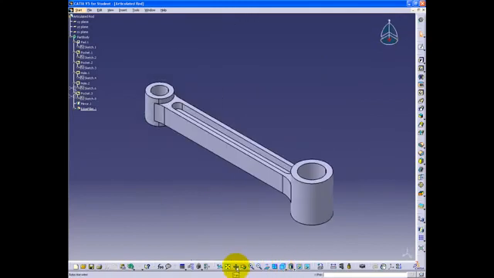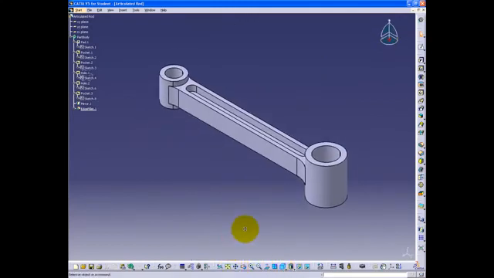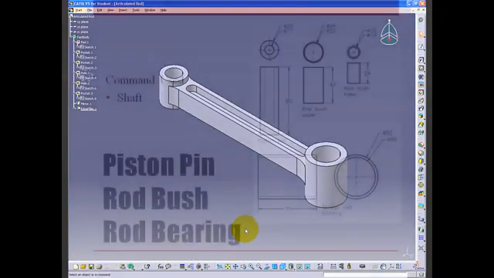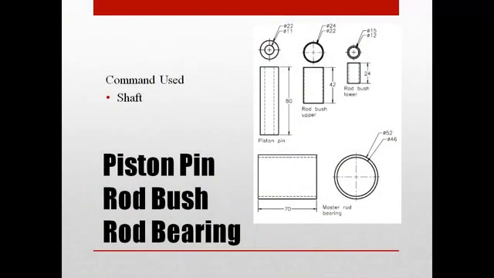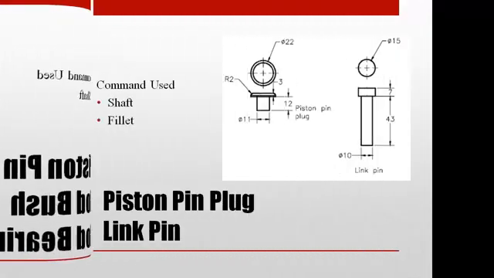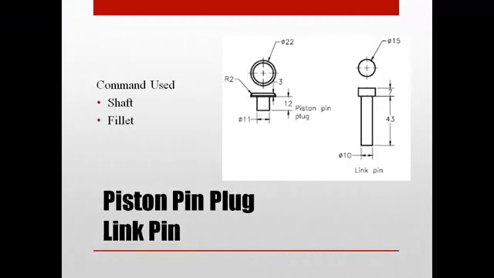The articulated rod is complete. Piston pin, rod bush, bearing, piston pin plug, and link pin can be made using the Shaft command. This video will be skipping these parts since they can be created easily.